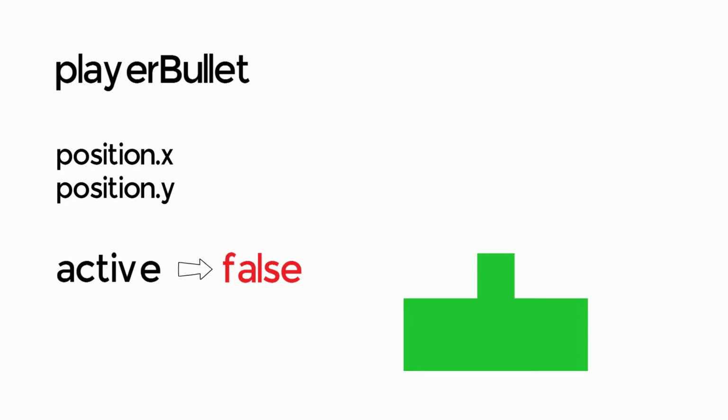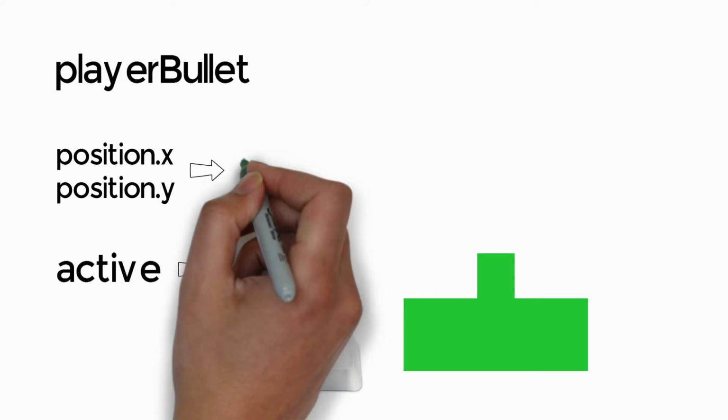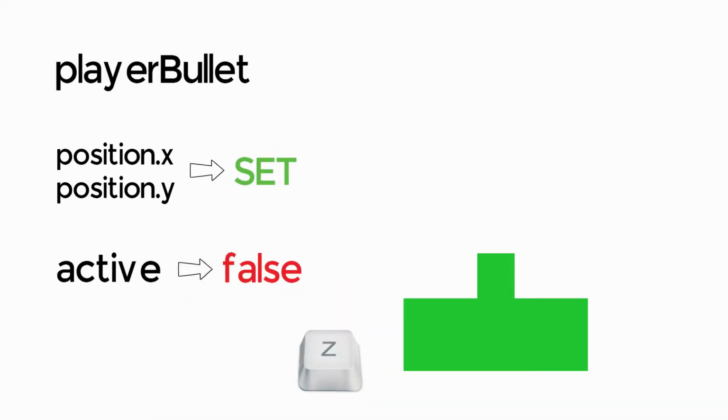So we're currently in the state where we have just started. Our playerBullet.active flag is set to false, and we're now waiting for somebody to press the fire button. When the fire button is pressed, we're going to set the position variables to the player ship position, so that puts the bullet right at the very beginning.